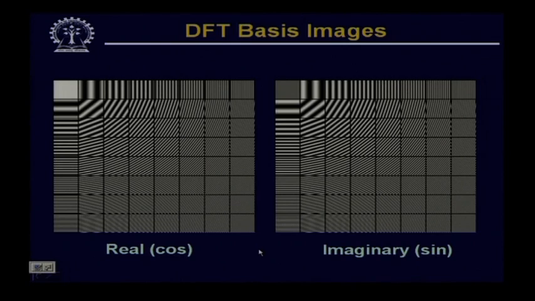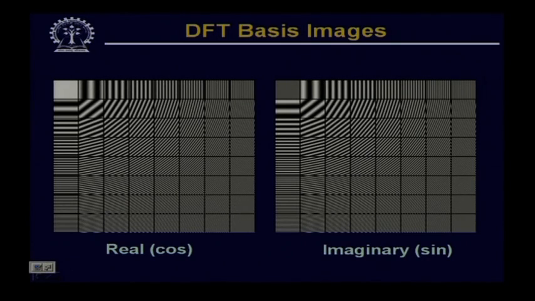Here we have shown two images, which we will see later are basis images of dimension 8 by 8, and there are a total of 8 into 8, that is 64 basis images.